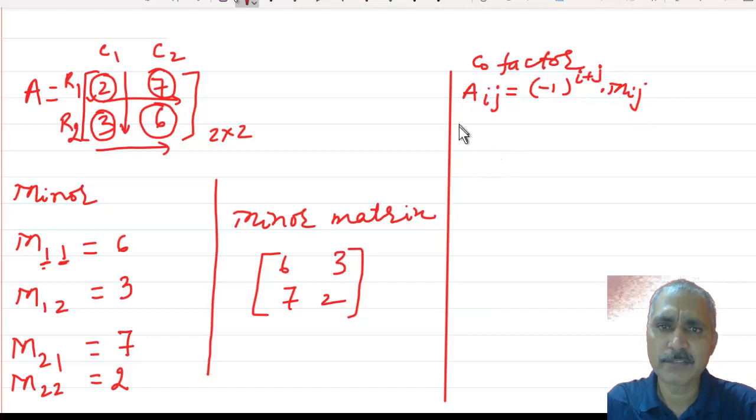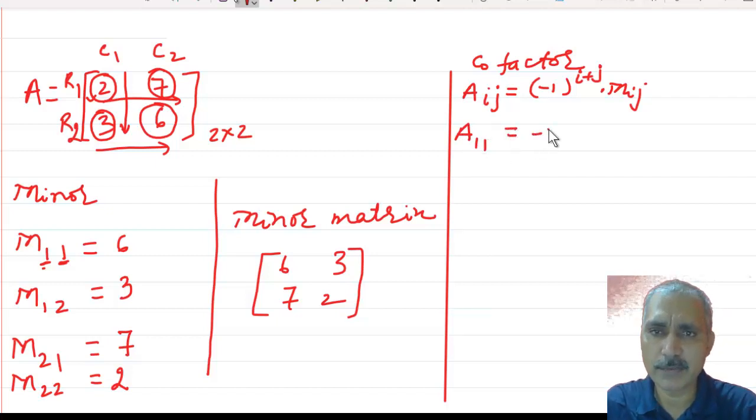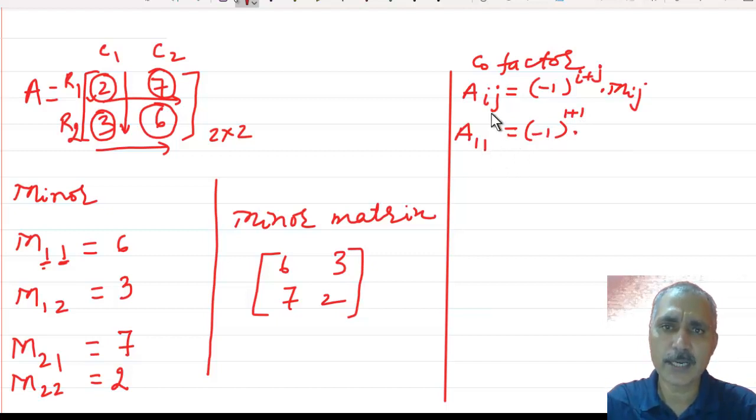Now, what is going to be A11, the cofactor of the element at row number 1, column number 1? For that, we will write minus 1 raised to 1 plus 1 into M11, as here i and j are 1 and 1. M11 we have calculated as 6, so into 6.